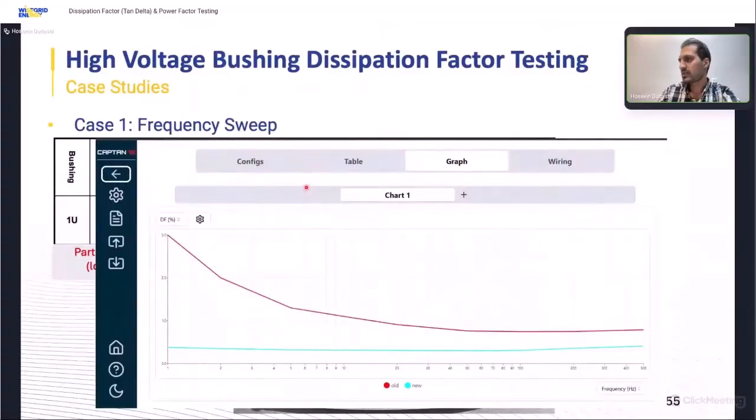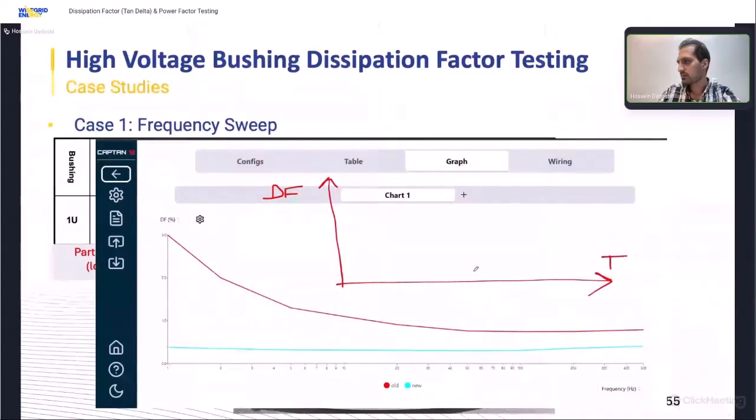So instead of increasing the bushing temperature, which is an interesting way to find the problem, let me plot it again here. We have DF versus temperature. In an aged bushing, it's like this. When we increase the temperature, the dissipation factor increases at a higher rate.